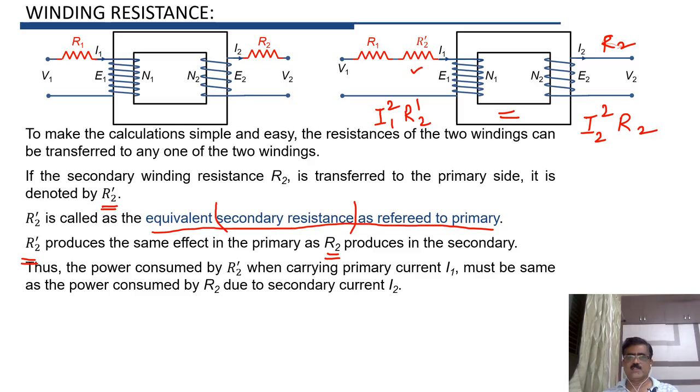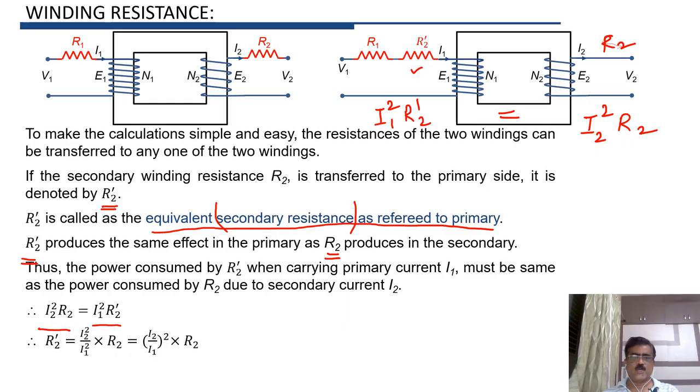So we can write this equation: I1 square R2 dash must be equal to I2 square R2. From this you can determine the expression for R2 dash. We transfer I1 square to the other side, so you will get R2 dash as I2 square upon I1 square into R2, which is nothing but I2 upon I1 whole square into R2.